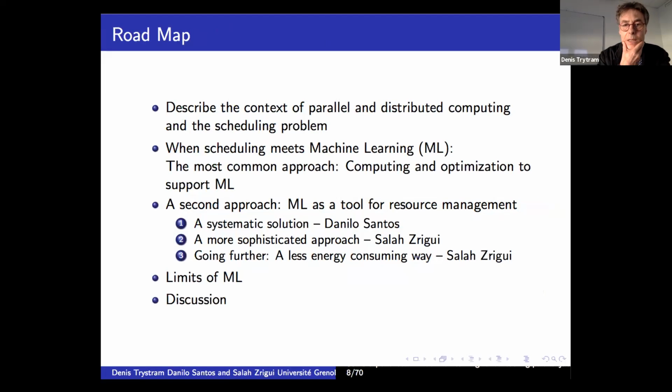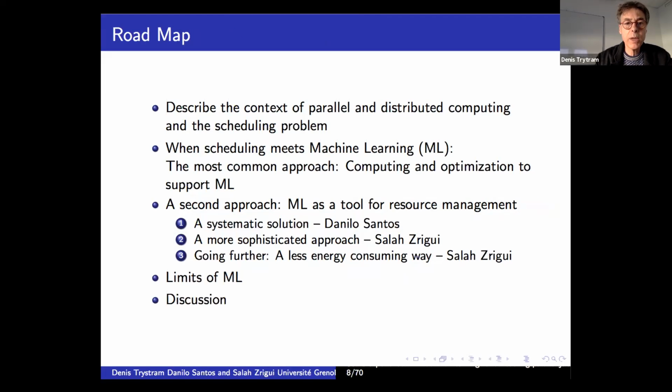Okay, and the roadmap of our talk is first, I will take some time, maybe 10 minutes, to present the parallel and distributed computing domain. That is the main domain we are working on, and the scheduling problem, which is a central problem here.